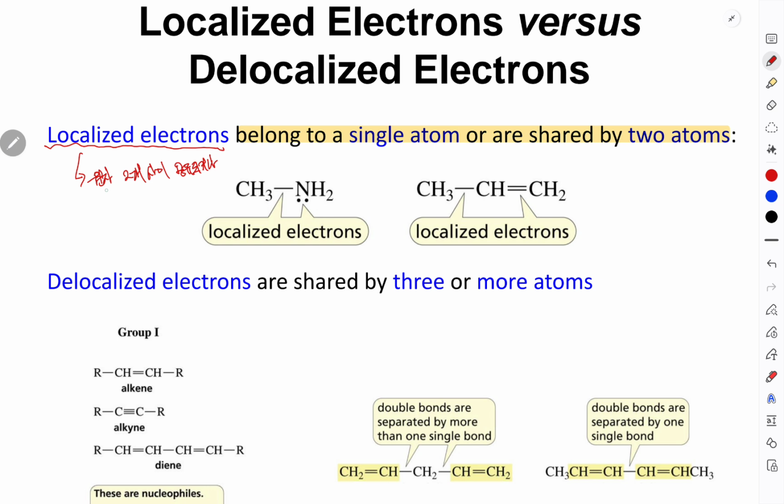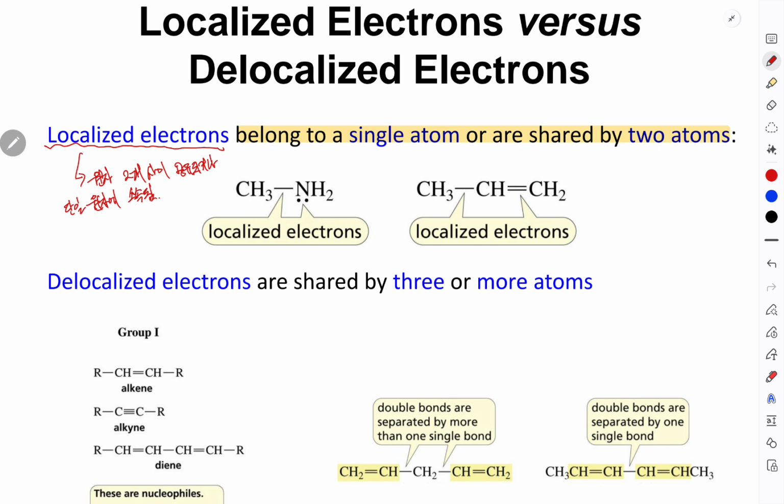So this lone pair is localized on a single atom, on nitrogen, and these pi electrons are shared by two carbons, and also the bonding electrons are shared by two atoms, between carbon and nitrogen, in this case between two carbons.